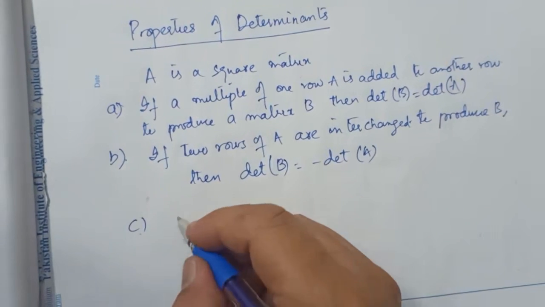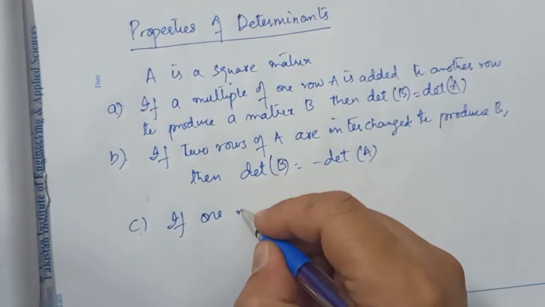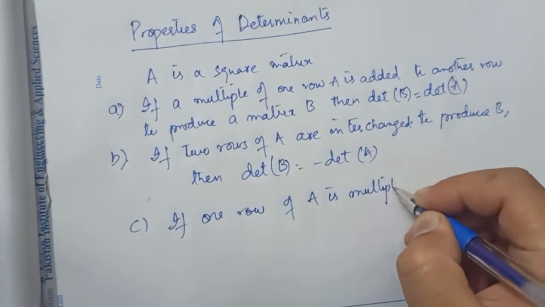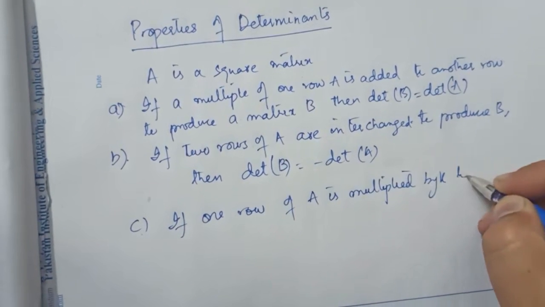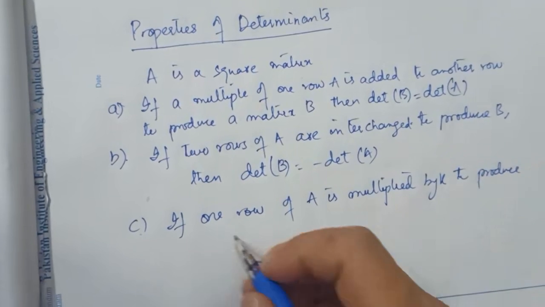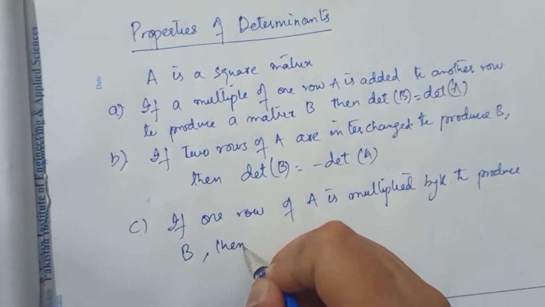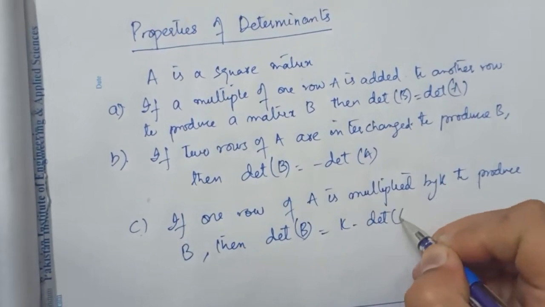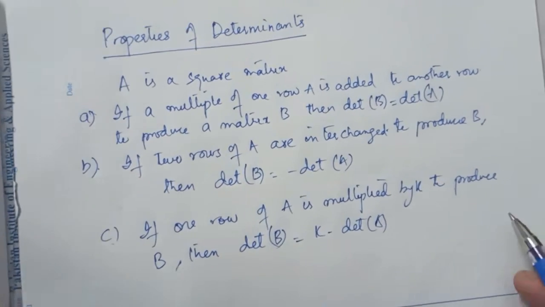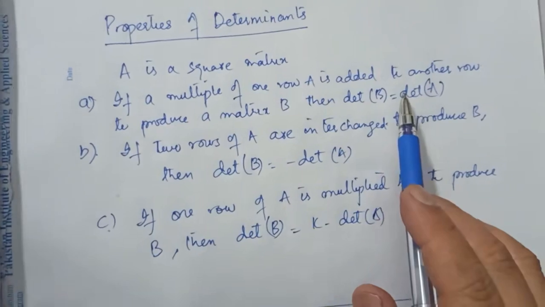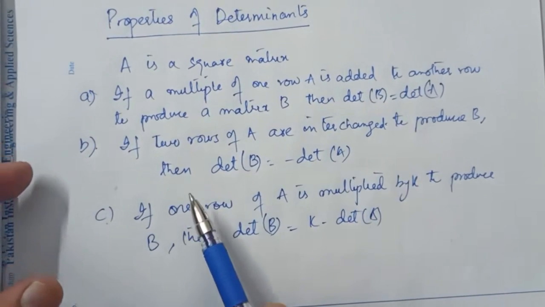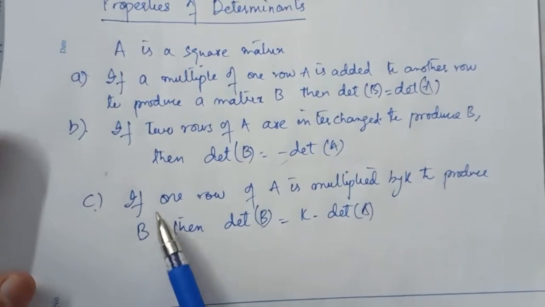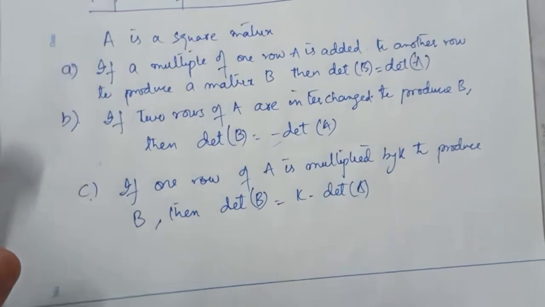Now the third one is if one row of A is multiplied by K to produce B, then the determinant of B is equal to K times the determinant of A, right? So if you add a multiple of one row to another, it doesn't change the determinant, but if you interchange two rows, there will be a minus sign involved, and if you multiply one of the rows by K, the determinant will be scaled by K, right?